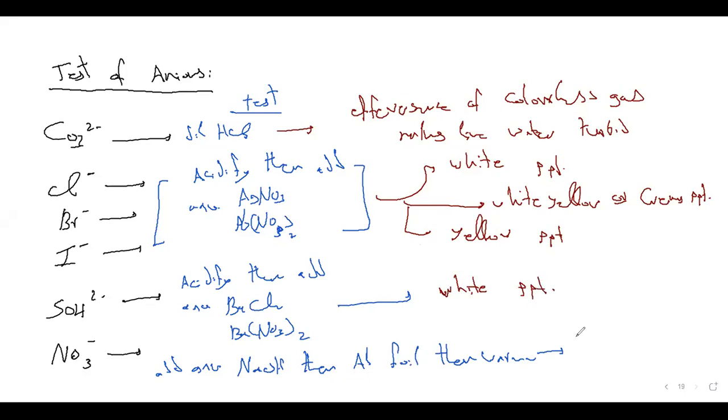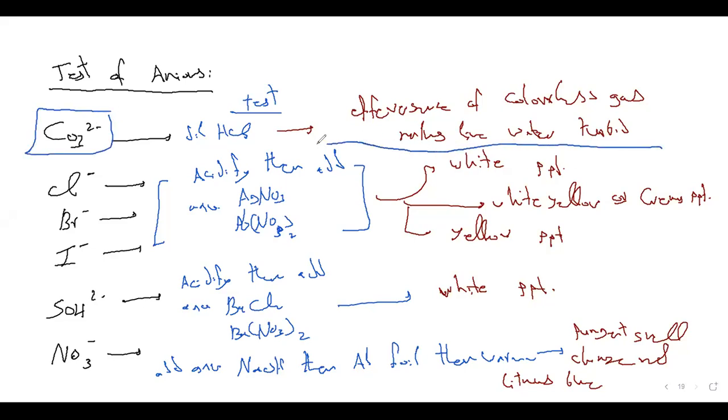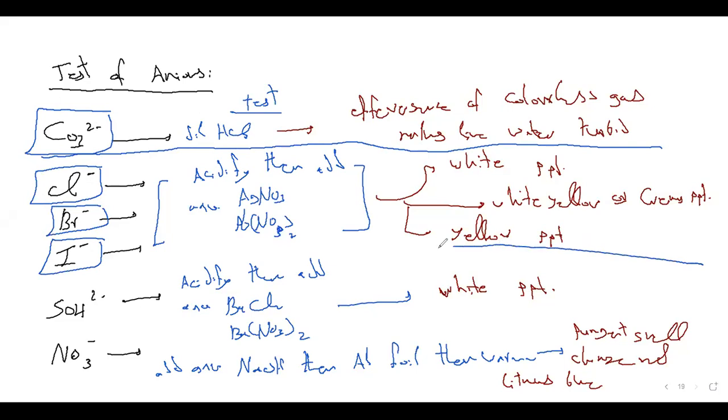Nitrate will produce a pungent smell and change red litmus blue. So again: carbonate; chloride, bromide, iodide; sulfate; and then nitrate.